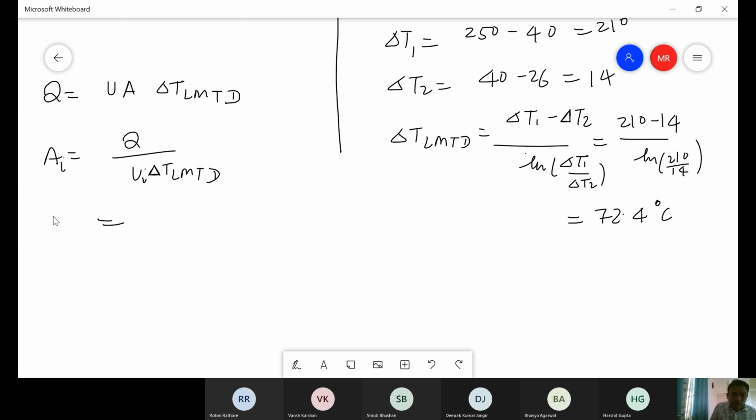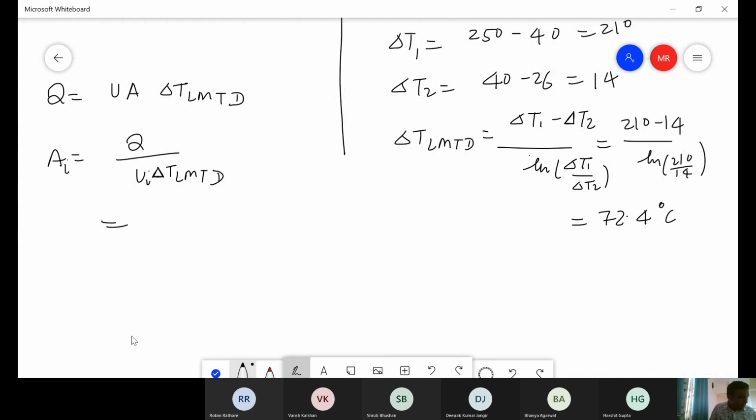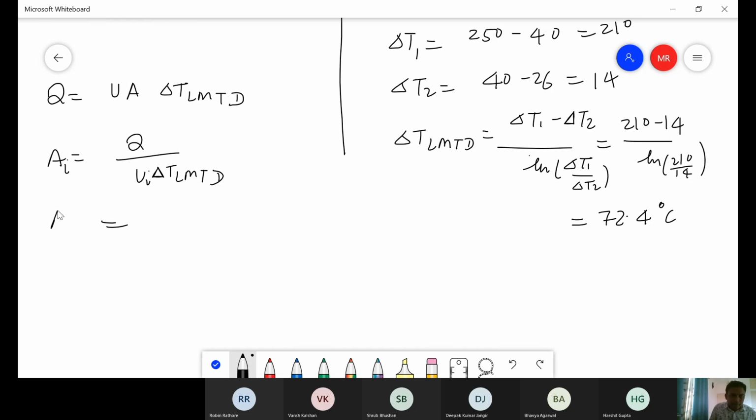So here A I will be given as 44100 divided by U I, and U I is given as 4600 into 72.4, that is delta T LMTD, isn't it?